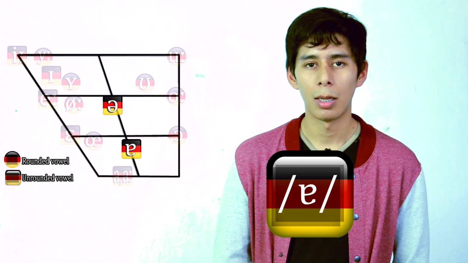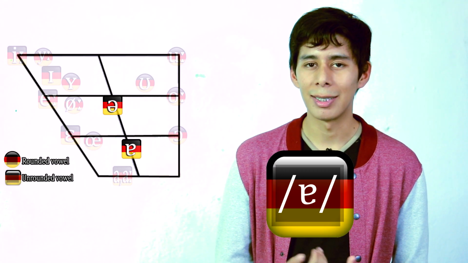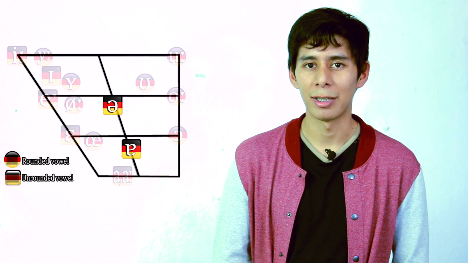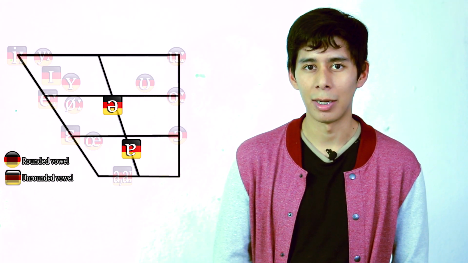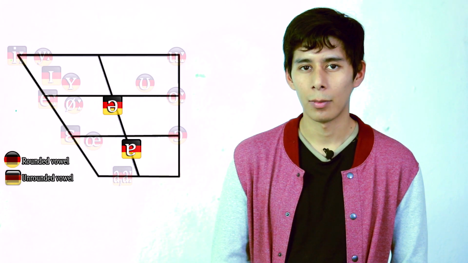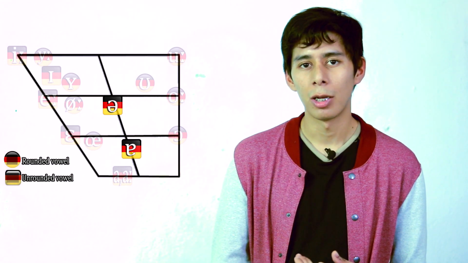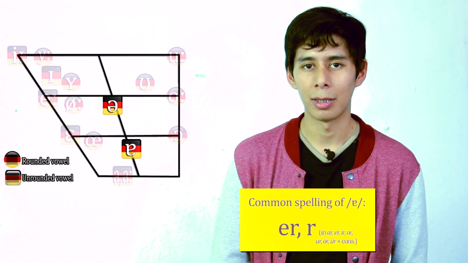What's the difference between the two sounds? The only difference is that this sound exists as a product of a combination like ER. As we know, Standard German is a non-rhotic accent, and this means that the R is only pronounced when the letter R is between vowels.